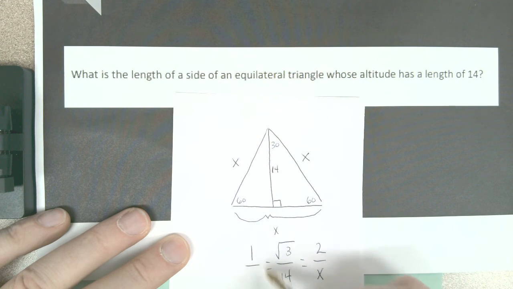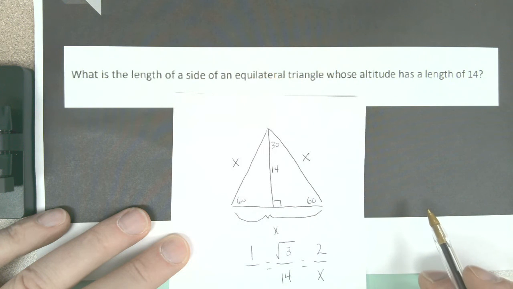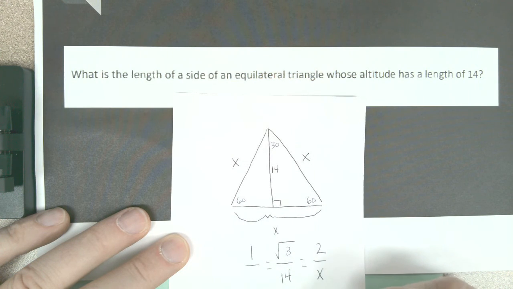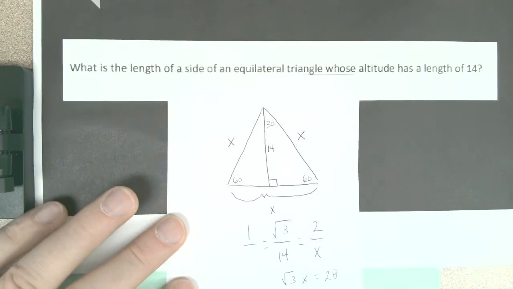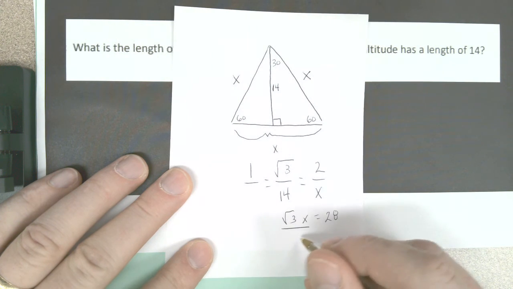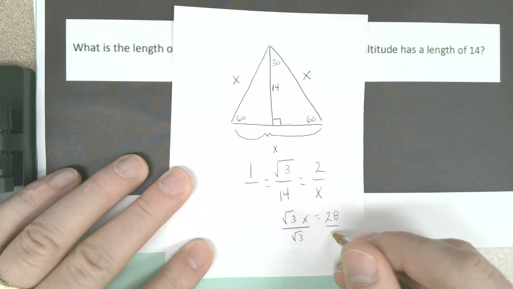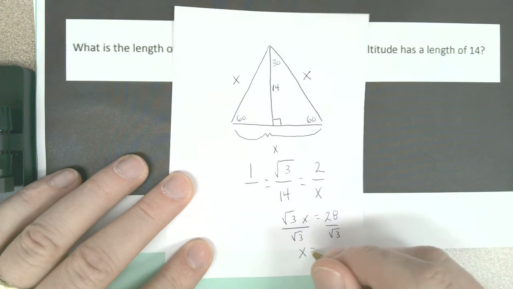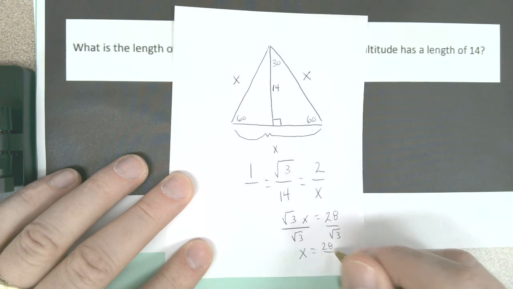We really don't even need to worry about the 1 because we don't need to find that length. So we're going to do radical 3 times x equals 14 times 2, which is 28. And divide by radical 3. So x is 28 divided by radical 3.